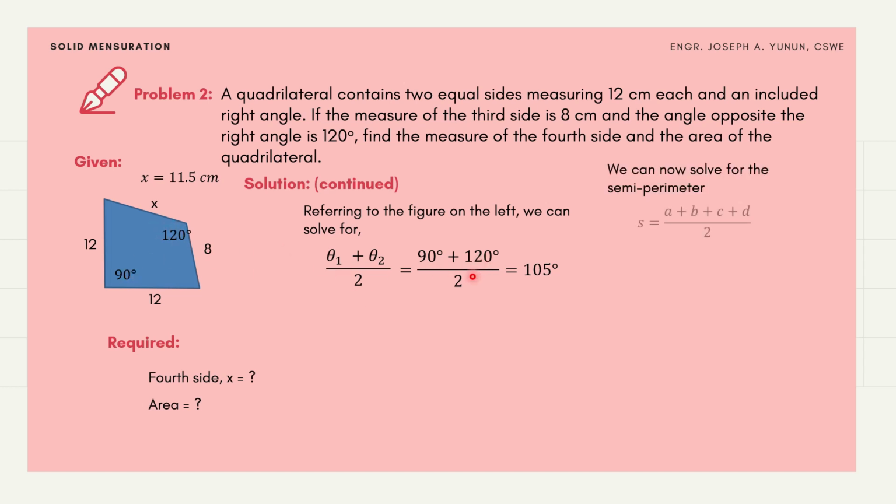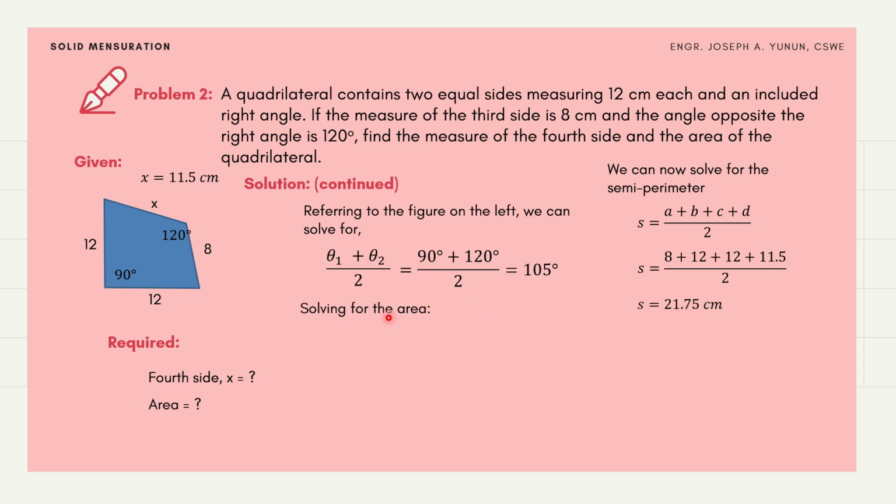We can use that value in order to solve for the area. We need to first determine the semi-perimeter. You are familiar with this formula. Substituting the values of those sides, you'll arrive at a semi-perimeter of 21.75.